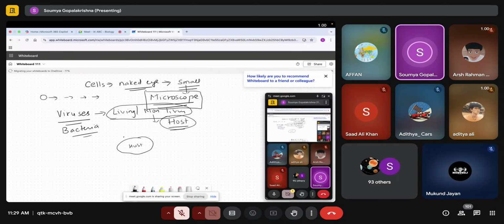Now, if this virus is outside the body of a host cell, it is inactive, like a non-living object. The moment the virus comes in contact with the host cell, it will enter the host cell and make copies of itself. So viruses are a different entity. They are the smallest known organisms, you can say.